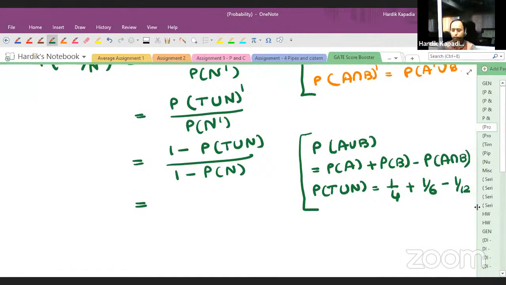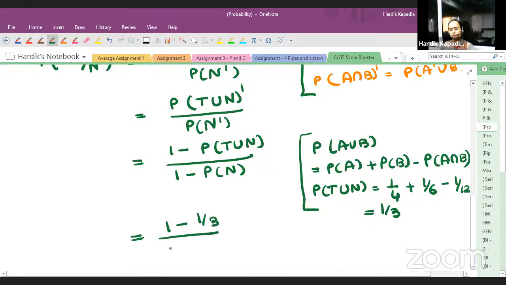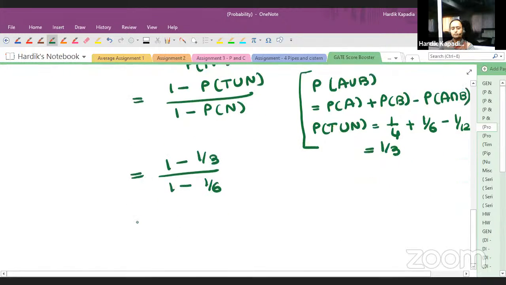So 1 by 4 plus 1 by 6 minus 1 by 12 is 4 by 12, so it is 1 by 3. Now 1 minus 1 by 3, and 1 minus probability of N is 1 by 6. So it is 2 by 3 divided by 5 by 6. 4 by 5 is your answer.